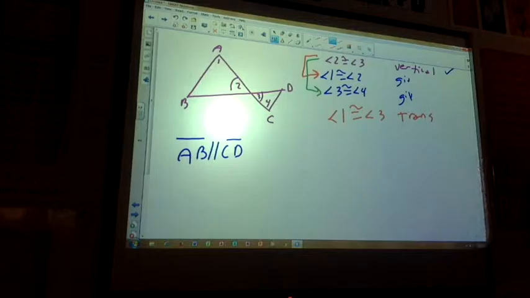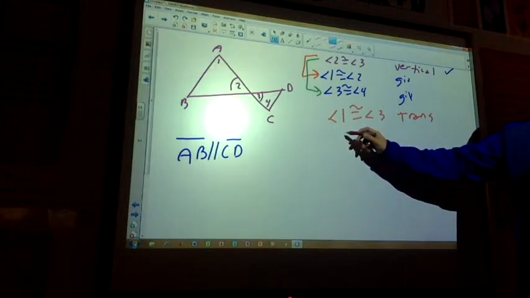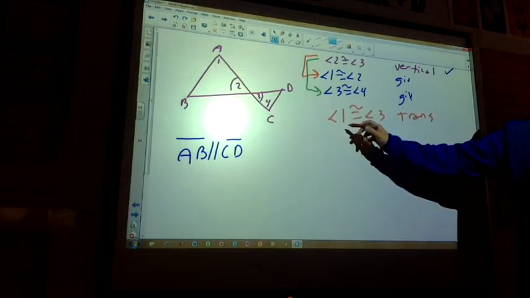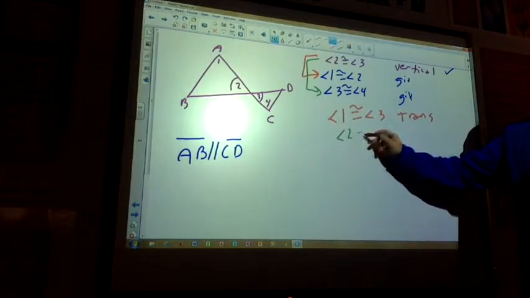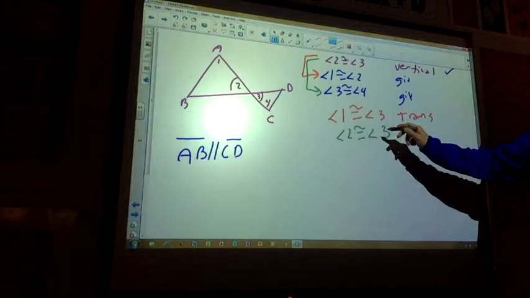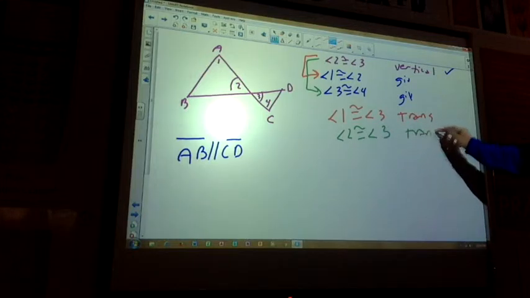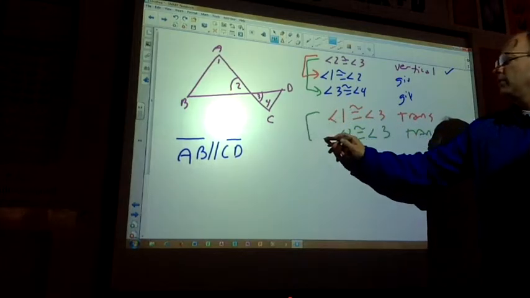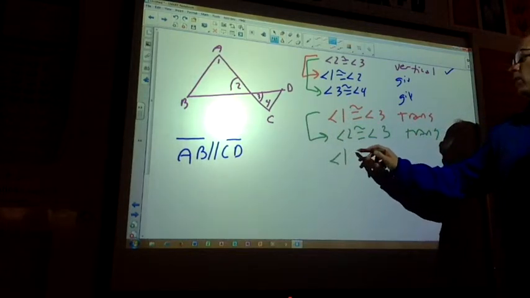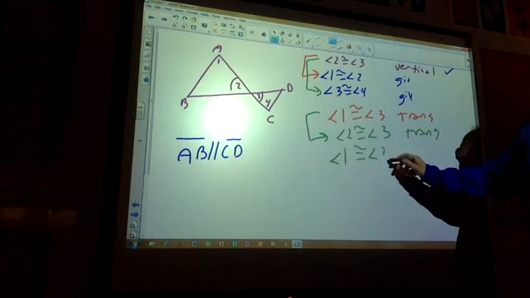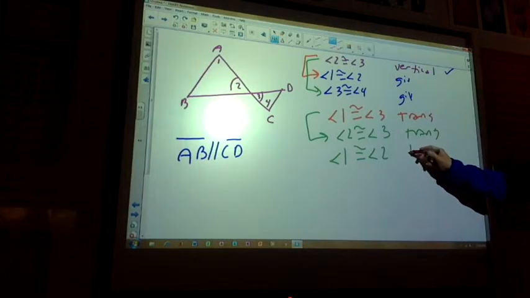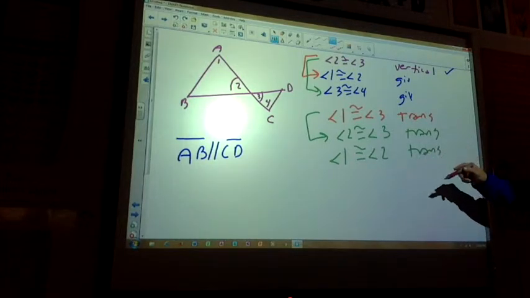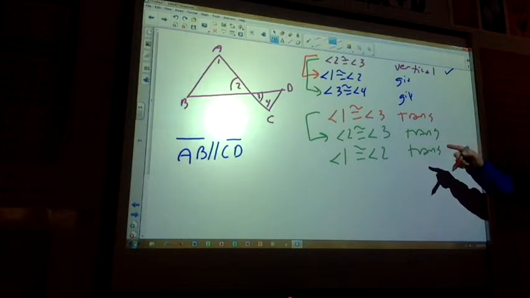And what does that get me? Angle 2 is congruent to angle 4. I'm sorry, I don't know why my brain farted for a second. And that's transitive as well. If you combine those two, then you get angle 1 is congruent to angle 2. That's also transitive. We already knew that. That's our given. Oh, trying to prove that 1 is equal to 4. Oh yeah, 1 to 4.